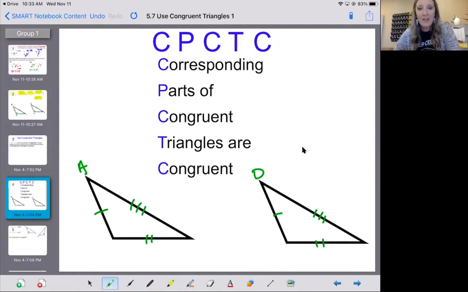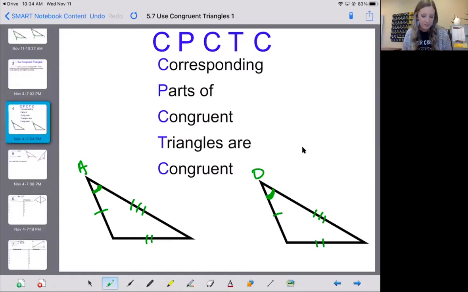But then I could show corresponding parts, so a part in the same position, this one here and maybe this one here, are congruent because the triangles are congruent. So instead of having to explain that every time, like, okay, all of the parts in this triangle are congruent to the parts in this triangle, which means that this part is congruent to this part because the triangles are congruent. Like, you don't have to explain all that. You can just simply say CPCTC. Okay, so we're going to use that on the next several examples.